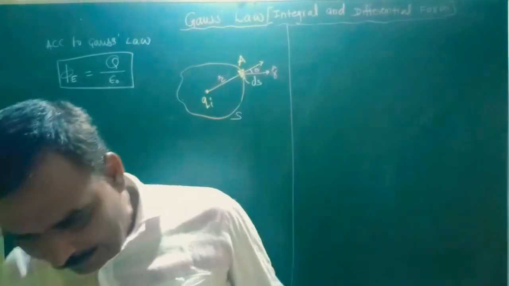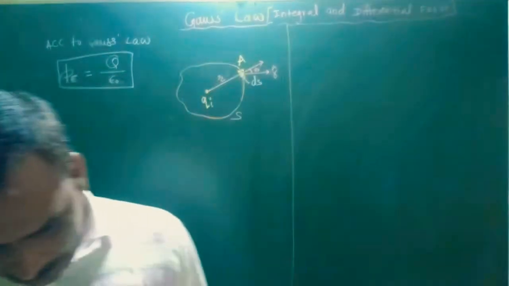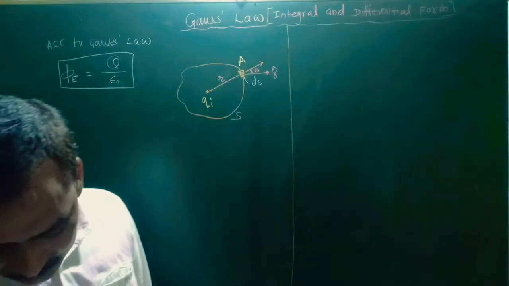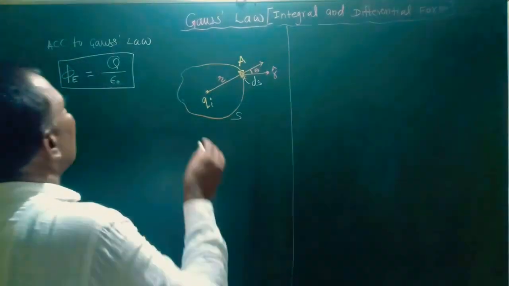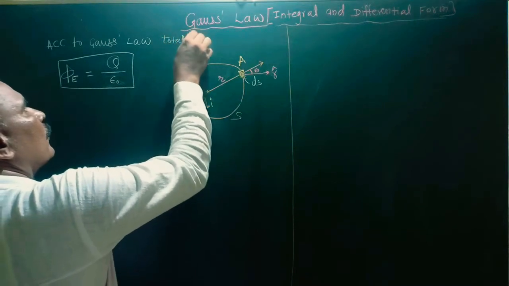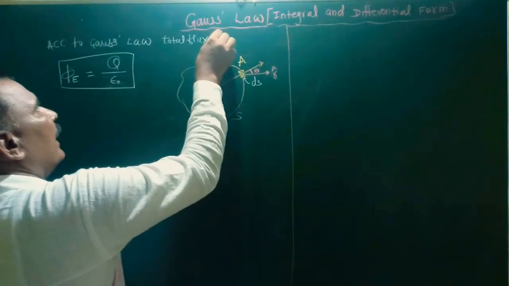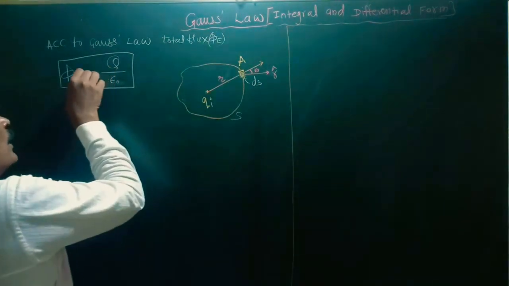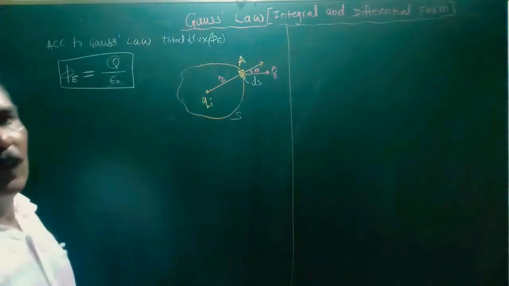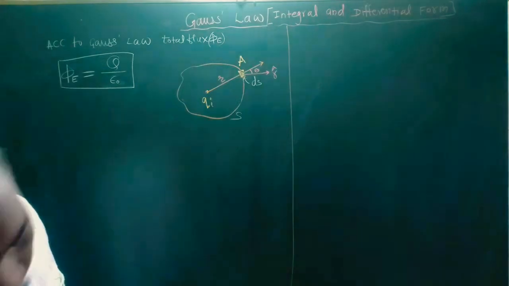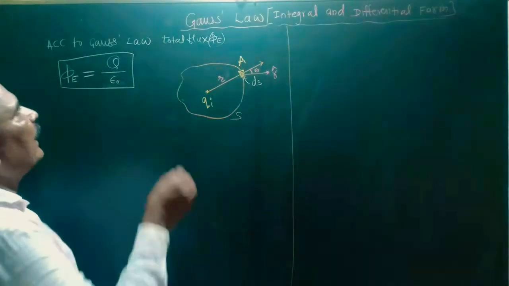According to the Gauss law, the total flux phi E through any closed surface is equal to 1 upon epsilon 0 times the net charge.